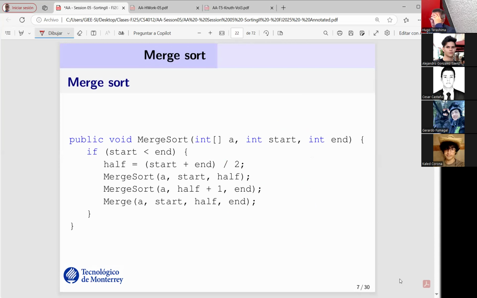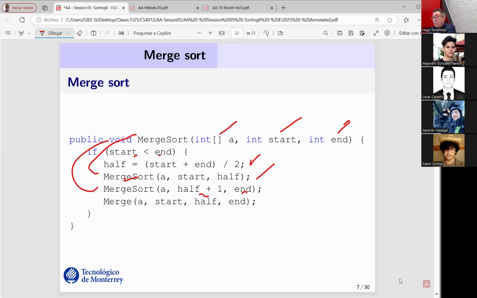The algorithm looks like this. You're given an array and the start position and the end position. If start is less than end, that is okay. So you divide it up into 2 lists. And then you sort the first side using a recursive call, and then the half plus 1 to the end, the second part.